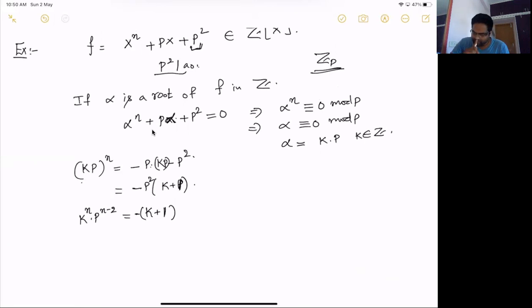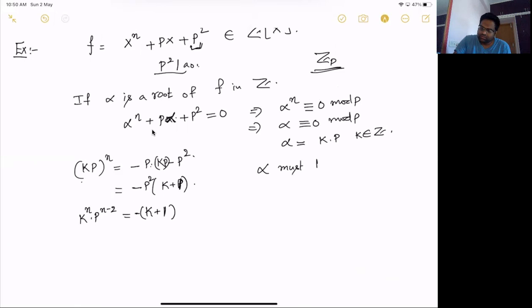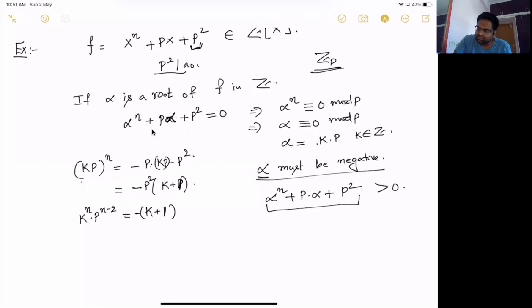So we have to observe that alpha must be negative. Why? If alpha is positive, alpha^n is also positive, p times alpha is also positive, and p^2 is positive, and the whole thing is positive. It can't be zero. So alpha must be negative, so this k must be negative.